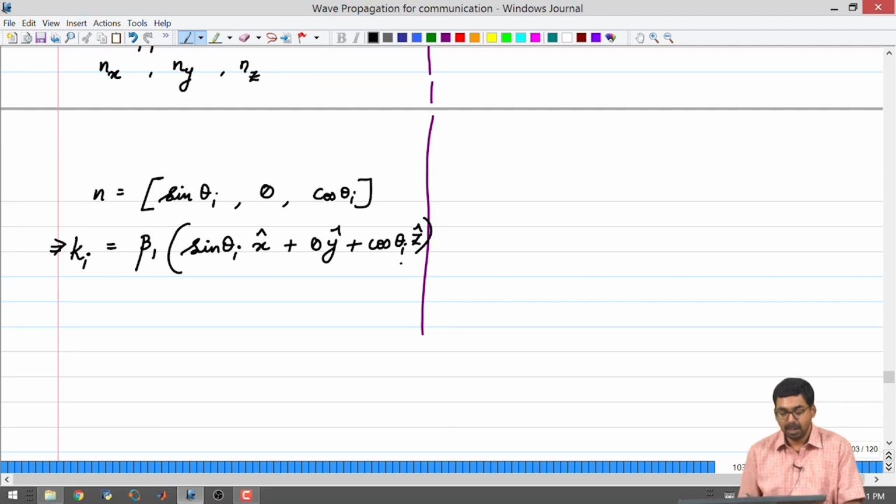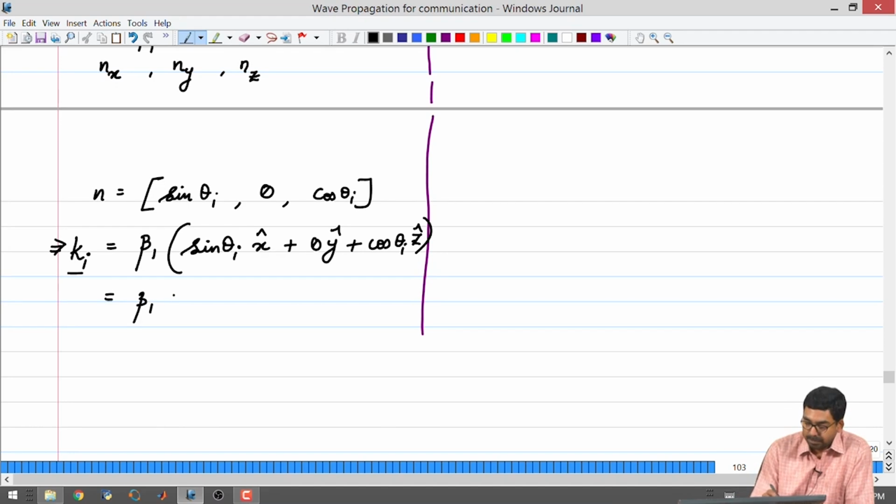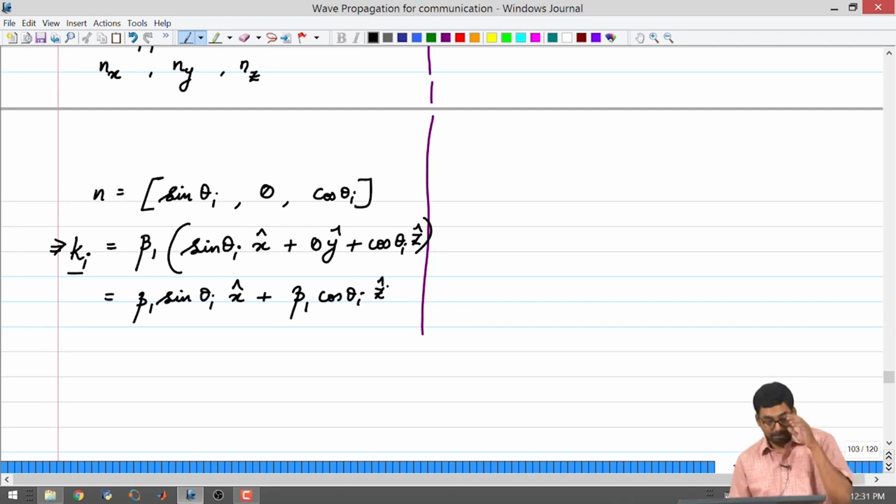This is how you will decompose your unit normal vector, or a unit vector along the direction of k. Or simply put, you can say that this is beta 1 sin theta I x hat plus beta 1 cos theta I z hat.